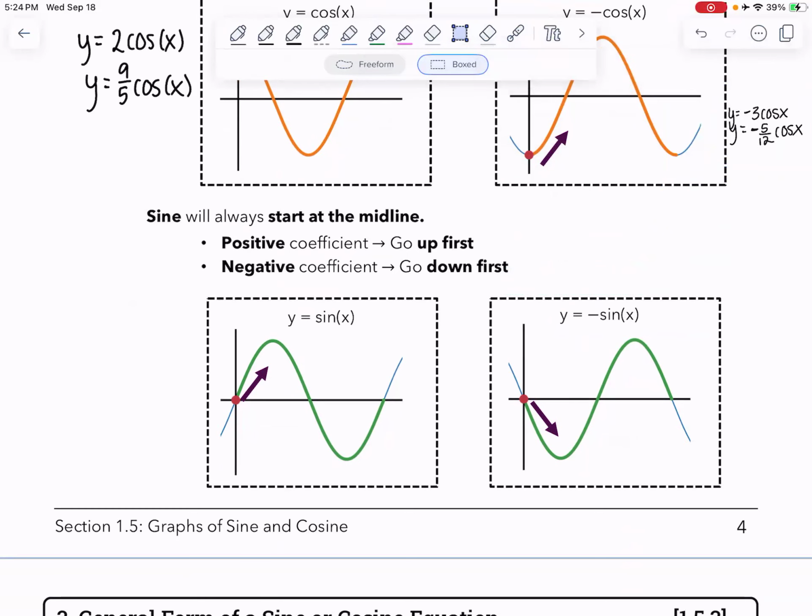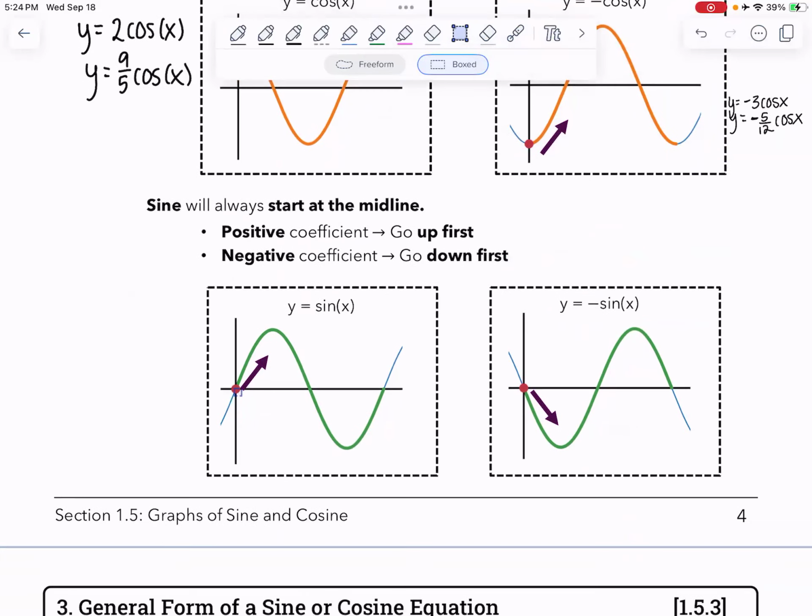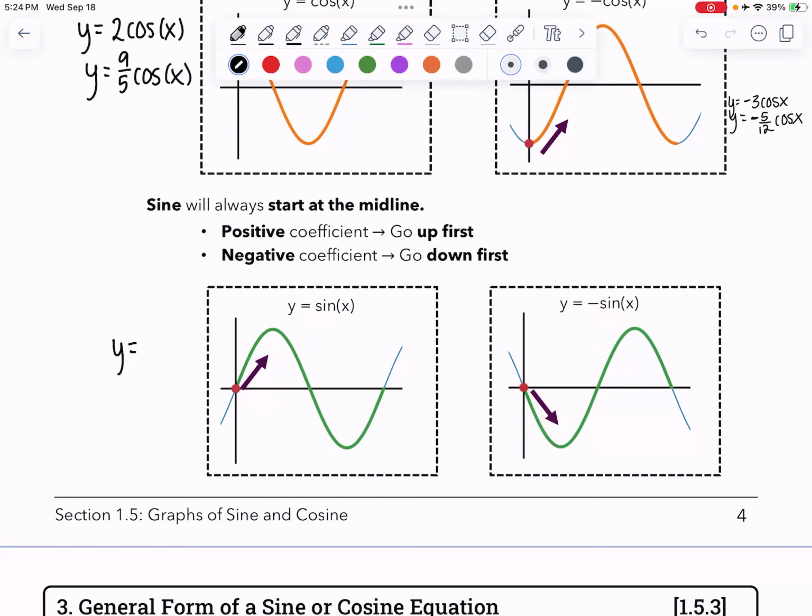All right, sine will always start at the midline, and then it goes up first if the coefficient out front is positive, and it goes down first if the coefficient is negative. So again, it's like the same idea. So if you had something like 3 sine x, that would go up first because 3 is positive.